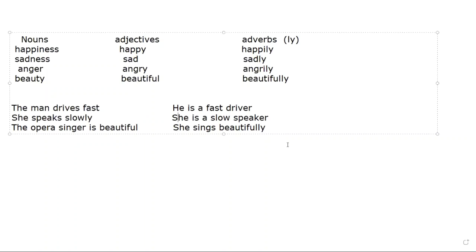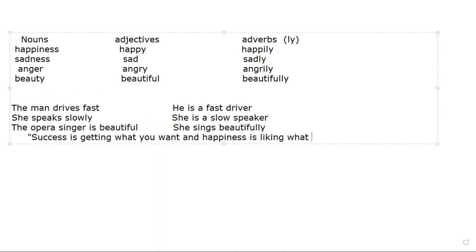Now let's see, what about the nouns? When can we use the nouns? For example, happiness. Some people say that success is getting what you want, and happiness is liking what you get.